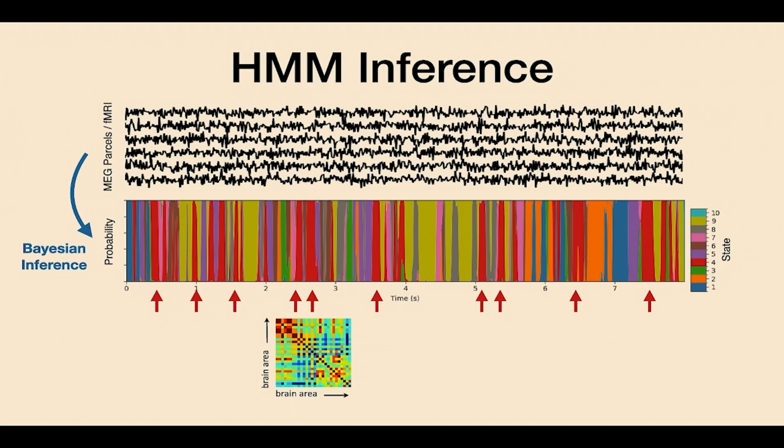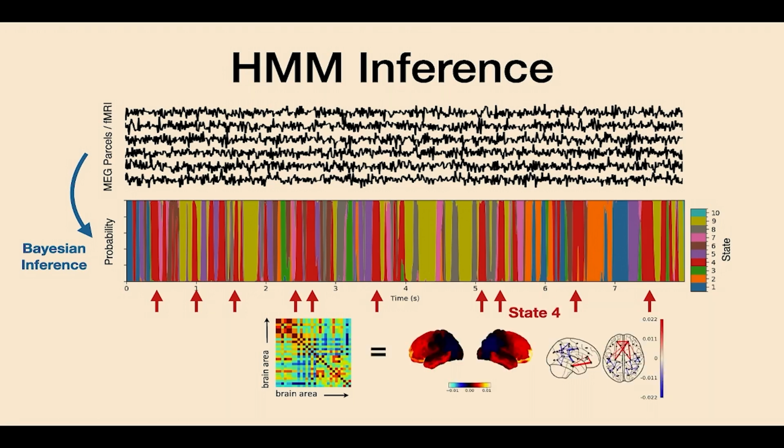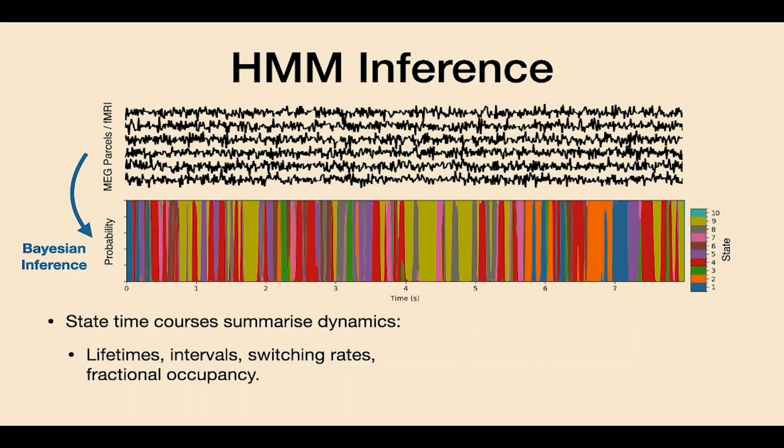So I highlight one particular state which reoccurs, and just to hammer home, this is a network structure. You can plot the spatial map of activity, which is the diagonal, as a spatial map, and the off-diagonal as a graphical network. Once you have this latent description of the dynamics as a state, where each color represents a state and the width is the probability, you can calculate summary metrics of dynamics such as the average duration a state is active, the switching rate, and total time spent in a state.